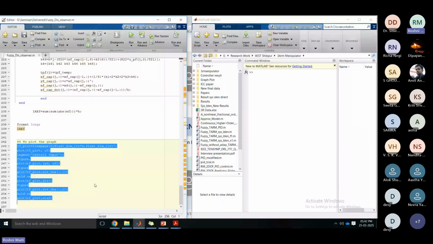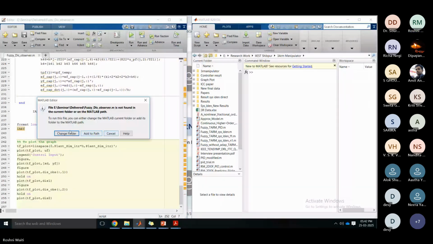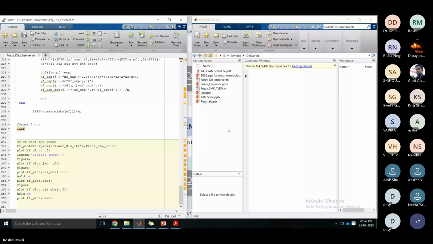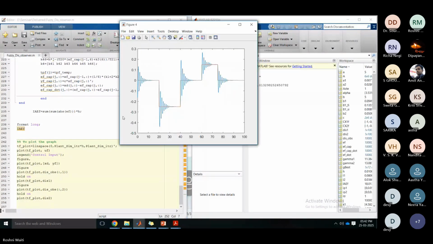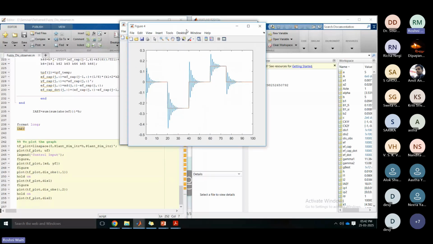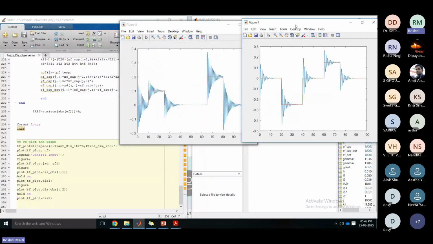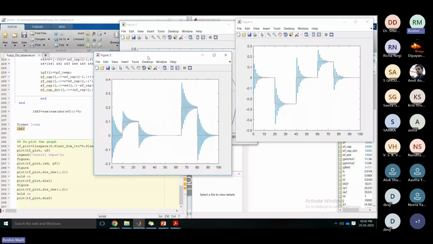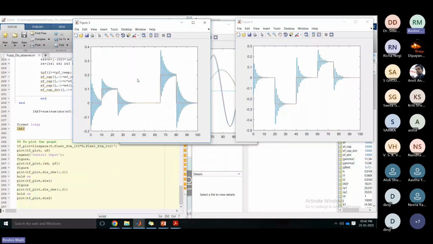So if I run this system, here we can see that whatever disturbance we have given, it is tracking them very properly. These are the disturbances.